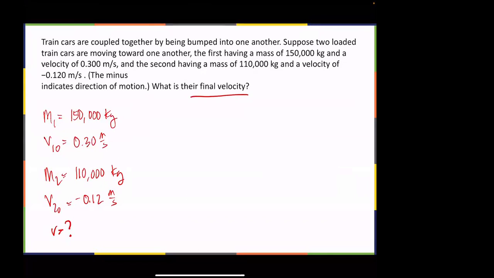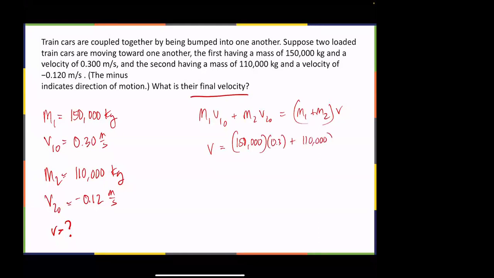M1 V1 naught plus M2 V2 naught equals (M1 plus M2) V. V equals 150,000 times 0.3 plus 110,000 times negative 0.12, over 150,000 plus 110,000.